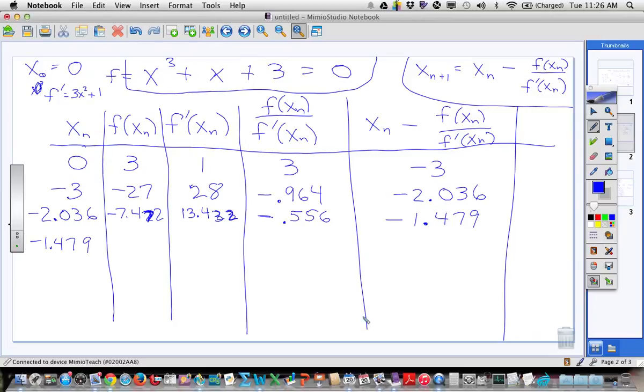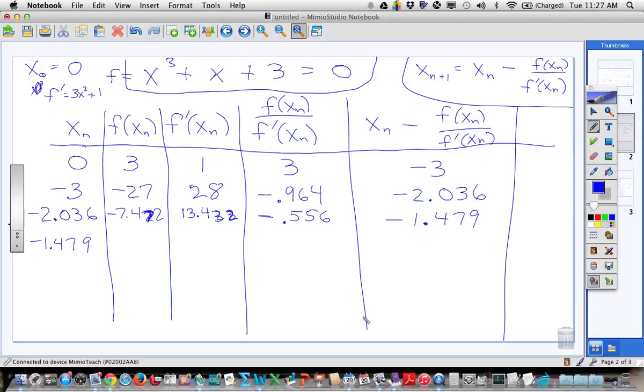Now we should do it until we get 3 decimal place accuracy. I want you to go at least 3 more lines, okay? If you don't have 3 decimal place accuracy, you probably should go a little farther just to practice this. And 3 decimal accuracy means until the number you get over here is the same in those 3 decimal places as the one before.